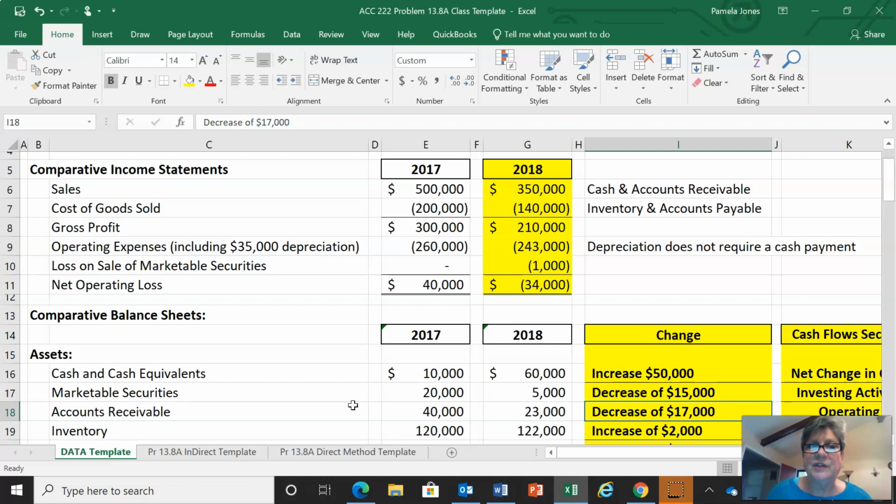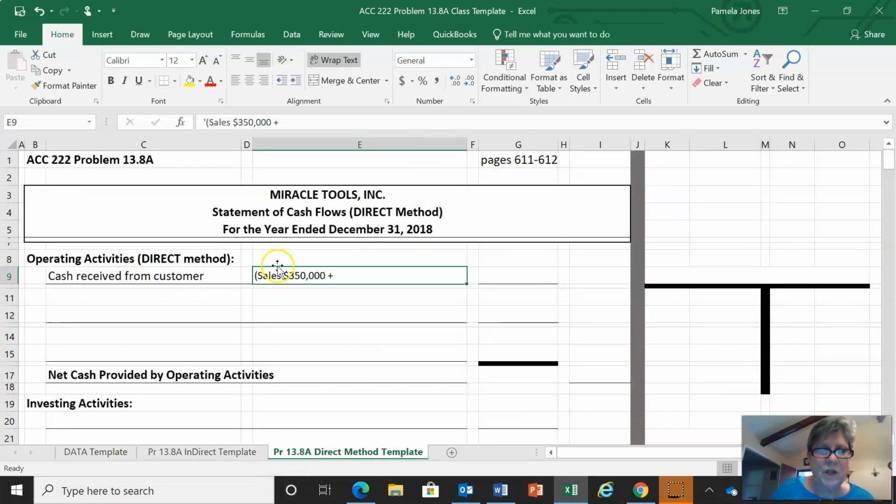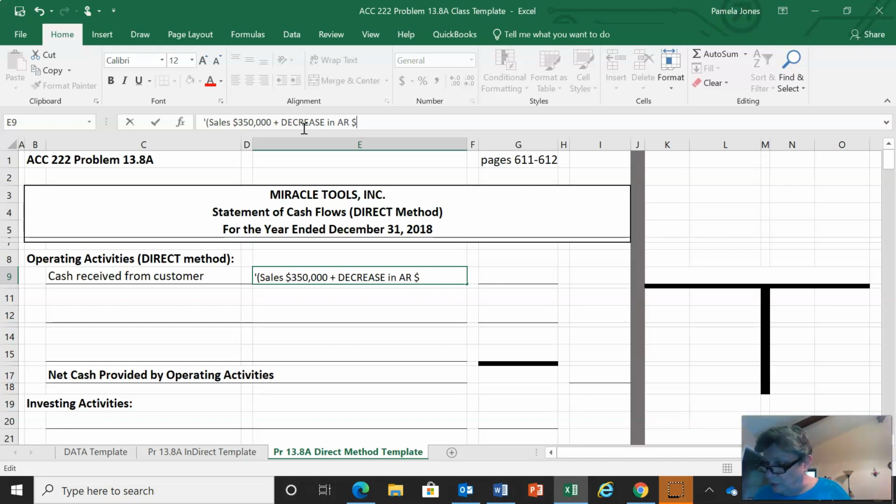So if accounts receivable decreased during the period, that means we collected more cash from customers than they charged for sales on account. So that decrease in accounts receivable under the direct method will be added to the sales figure, and that decrease in accounts receivable again was $17,000.